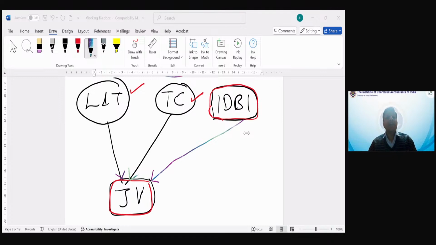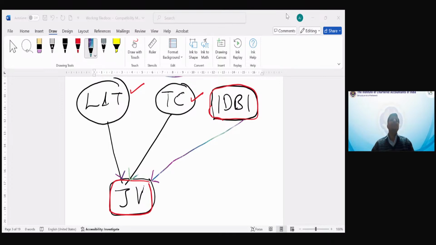Okay, so now let's try to understand this. Every time we need to evaluate whether the party has control over another company or not, what is the criteria? You will always go and check whether there is joint control or not.